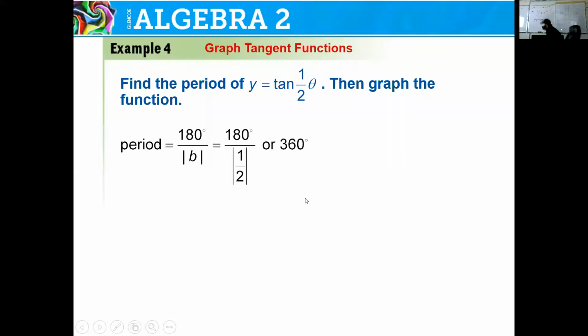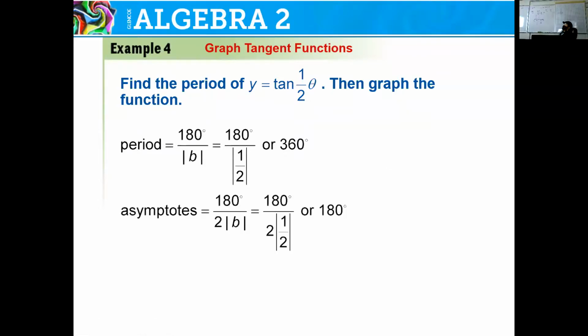So the period's been lengthened. So the period is 180 over B, which is 360. The asymptotes, okay, 180 divided by 2B. It's just simpler if you remember. Or an easier way to find this that I don't think I explained.